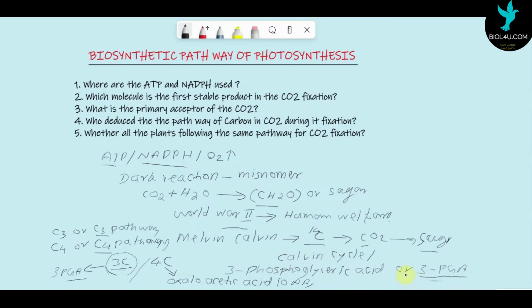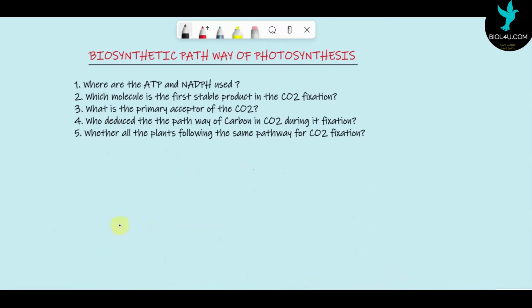So the next question is: who is the first acceptor of carbon dioxide? Which molecule first accepts the carbon dioxide? Carbon dioxide fixation takes place and the first stable product formed is 3-PGA, but which molecule first accepts the carbon dioxide?